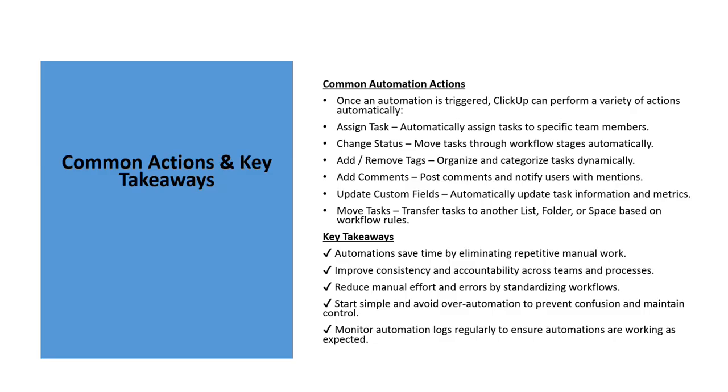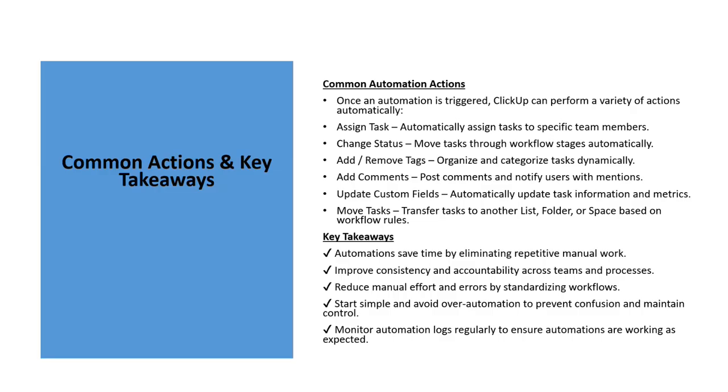The key takeaway from this chapter is that automations allow teams to focus on important work rather than repetitive administrative tasks. So remember these 5 important points. First, automation is used to save time. Second, it improves consistency and accountability across teams.